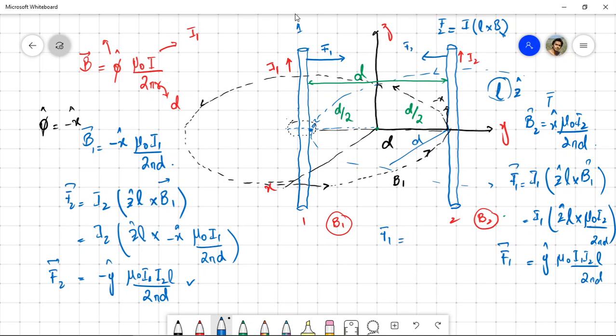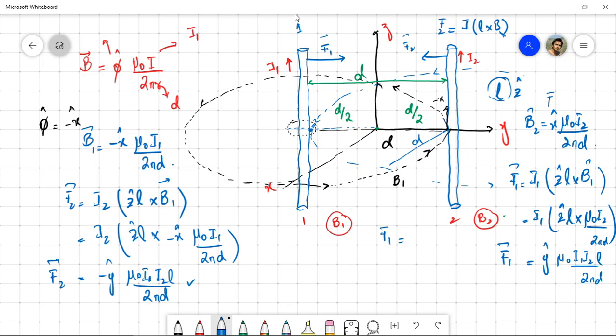So this is the direction of F2, which means that if these two conductors are placed like this, they will experience a force of attraction. You can see from this graphical representation here.